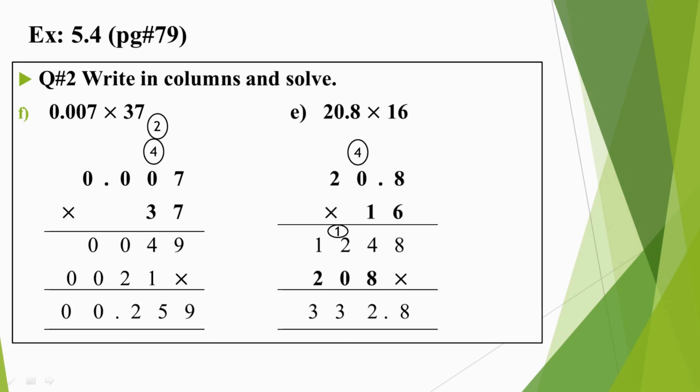So you have to place the decimal after the 3 places. So you have to jump 3 times and you would get the decimal point before 2, so you have to put 0 on the left side. So this is how it works. And for E part, you have to work similarly: you would write 208 and multiply with 16.